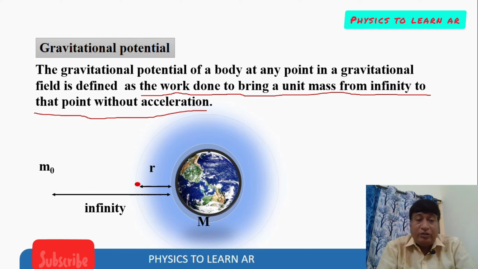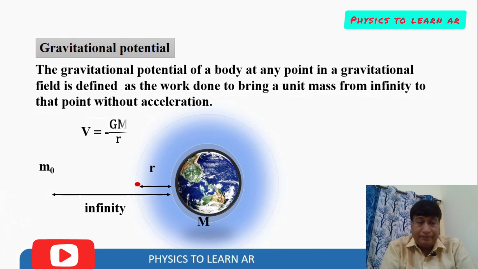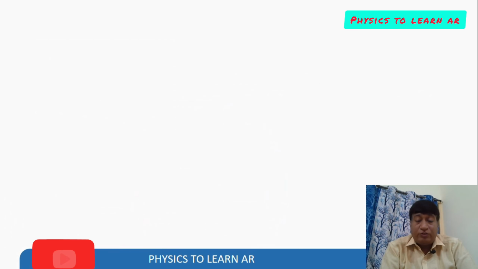To move the mass from infinity to a distance r, we have to do some work. That work is called the gravitational potential, V equals minus capital G into capital M by R, which we can prove.